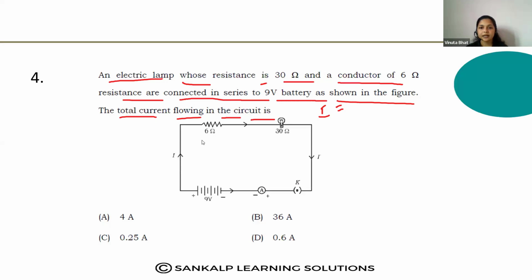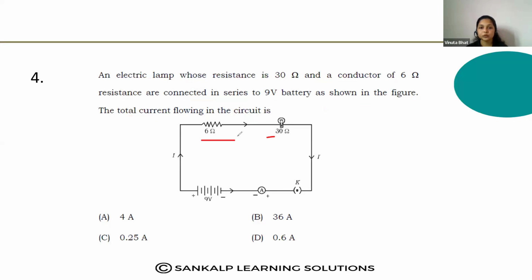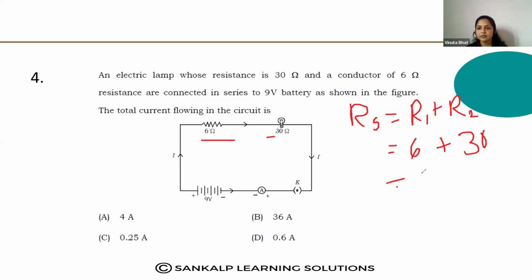Here two resistors are connected in series, so we have to find the total resistance. Rs is equal to R1 plus R2, that is 6 ohm plus 30 ohm. Total resistance is equal to 36 ohm. We have to find I. V is equal to IR, so I is equal to V by R.